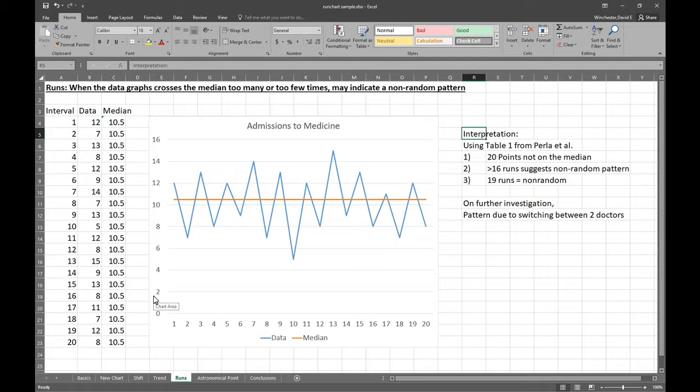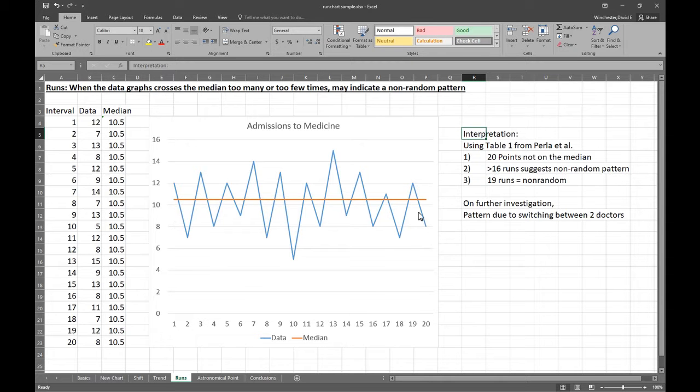Runs are a little bit more difficult to sort of wrap your head around. They're not quite as obvious on face value like shift and trend are. So runs are defined as when the data on the graph crosses the median either too many or too few times. And what this may indicate is a non-random pattern and a non-random process.